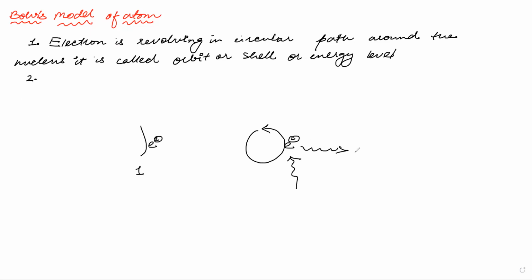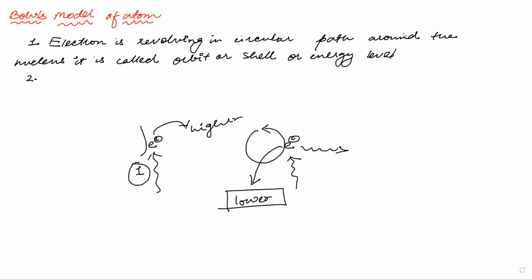As soon as it emits some energy, its energy will decrease and it will fall to a lower level. As soon as it absorbs some energy, it will shift towards some higher energy level.